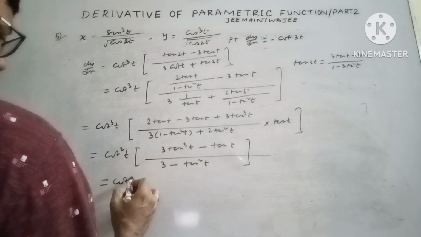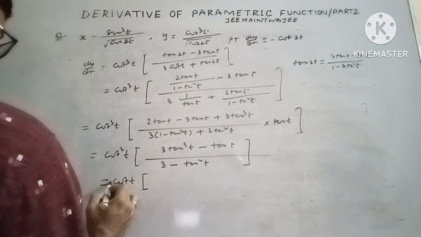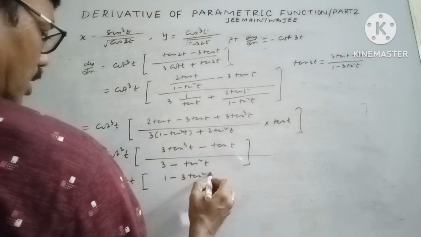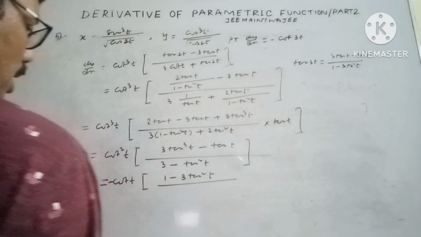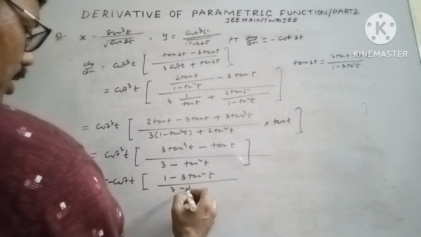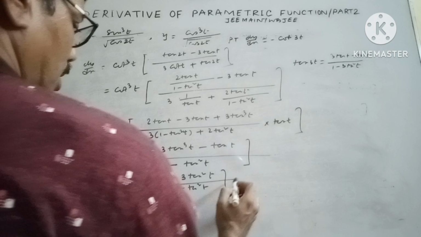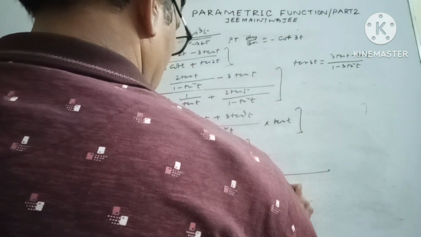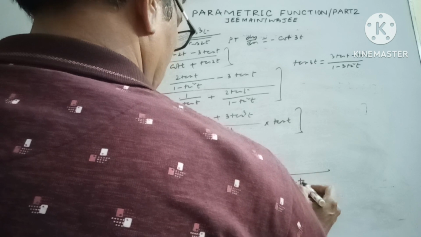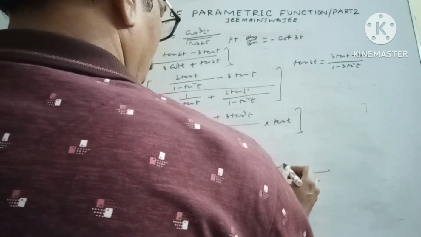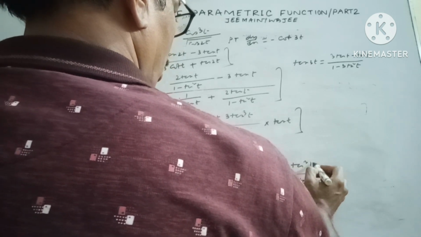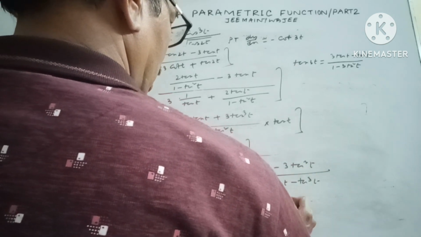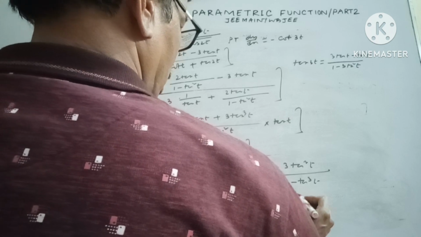So you get cot t, and 1 minus 3 tan square t, and this is 3 minus tan square t. Finally we are getting 3 tan t minus tan cube t by 1 minus 3 tan square t. So this is the reciprocal of tan 3t. So this is cot 3t.